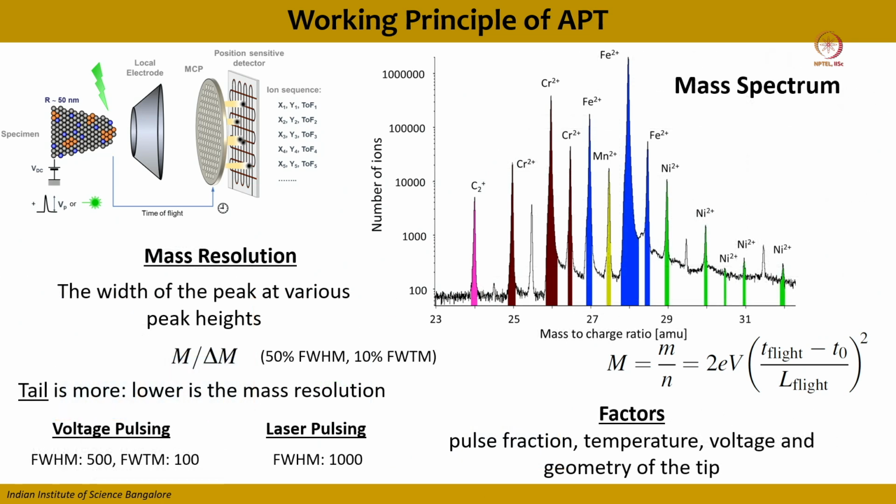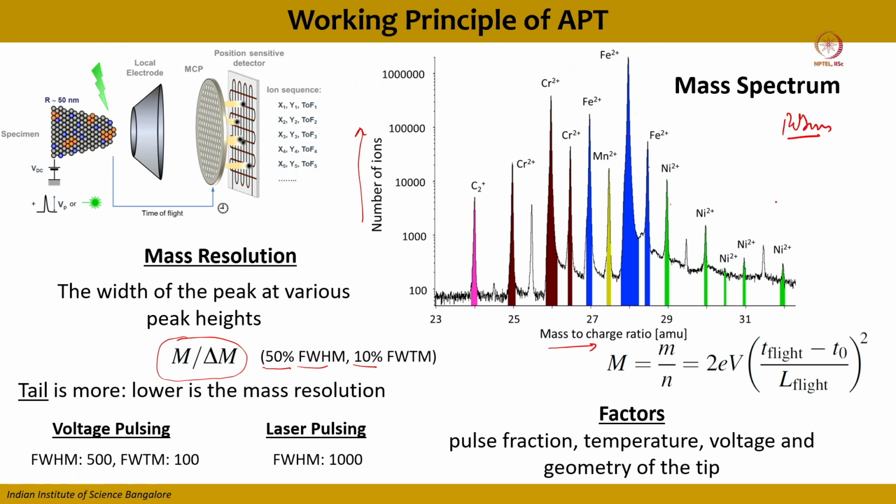In this, the mass resolution is defined by m divided by delta m, which can be at 50% or 10% of the peak, the FWHM or the FWTM. You are usually getting a peak, with the number of ions on the y-axis and the mass to charge ratio on the x-axis. There is a width for each peak, and this width directly corresponds to your pulsing.